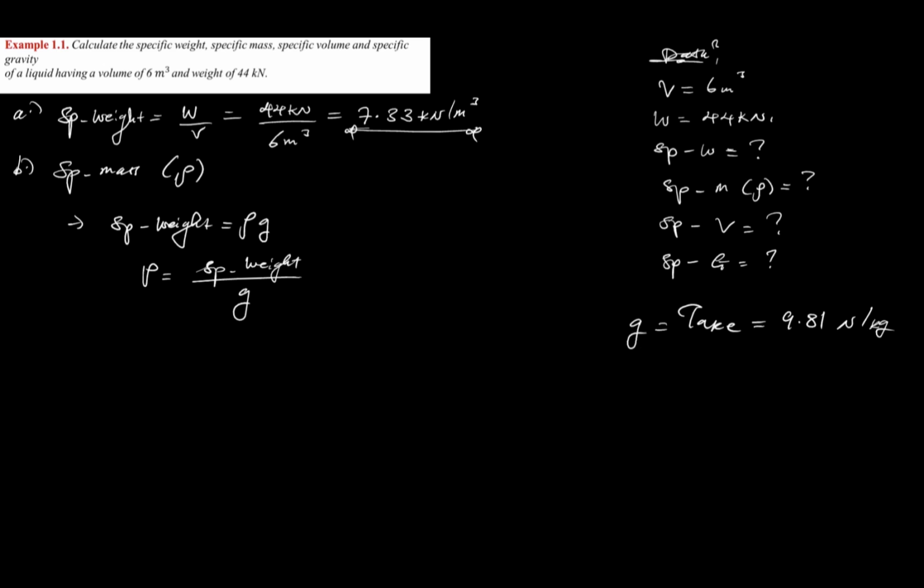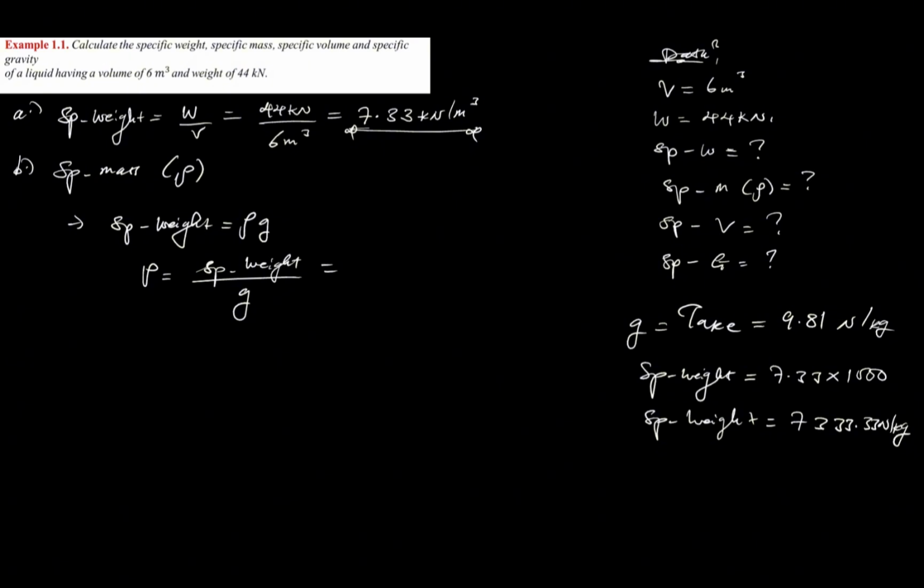The specific weight is equal to the specific weight we found, which is 7.33 times 1000 to convert to newtons, and we have our specific weight to be equivalent to 7,333.33 newtons per kilogram. So with that in mind, we can now plug and chug.